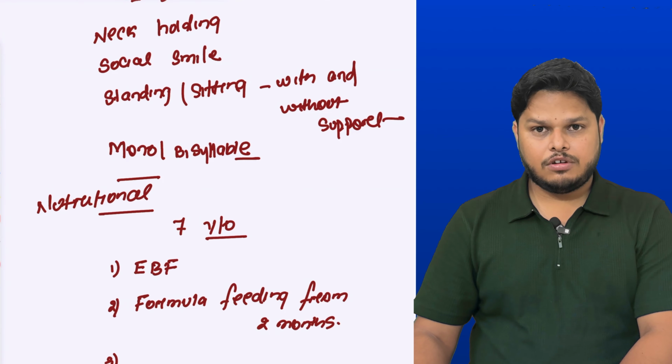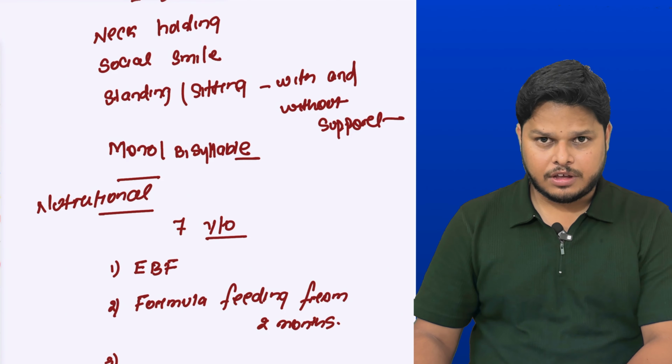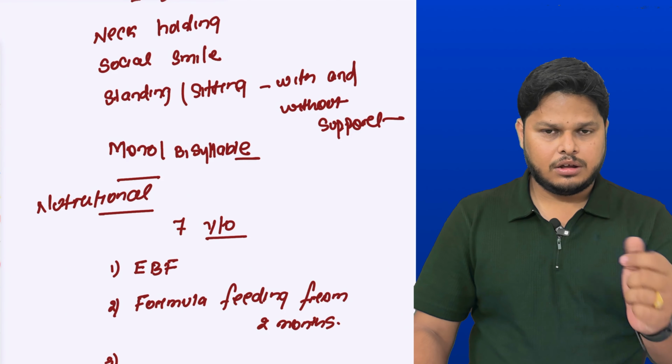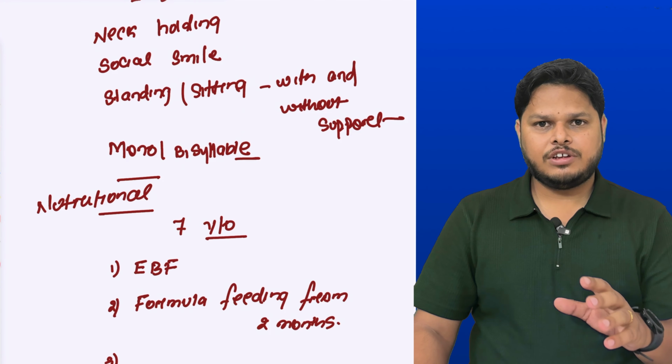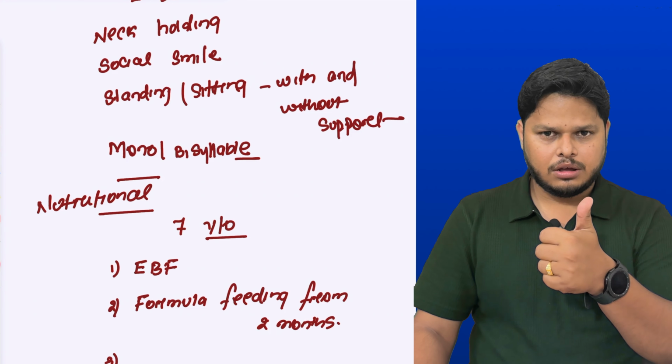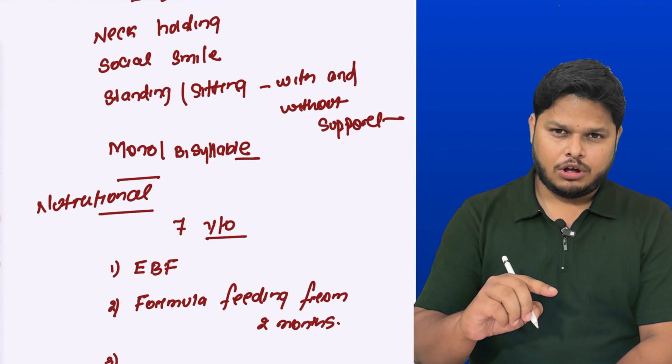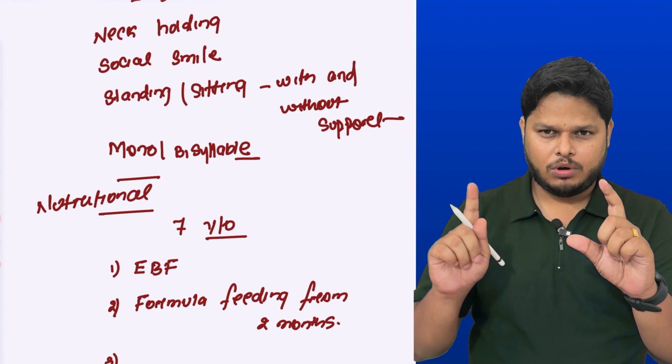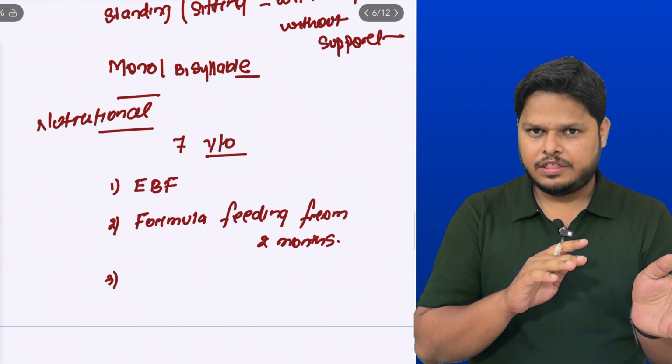When you ask a history about formula feeding, always ask bottle feeding is there or not. Was the child on bottle feeding? Was the child on any other feed other than milk and formula, like water, cow milk, honey, buffalo milk, all that? What was the proportion of the formula? 30 ml, 1 scoop, or anything else other than that?